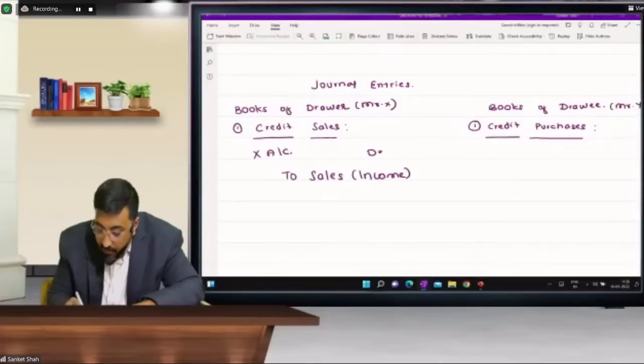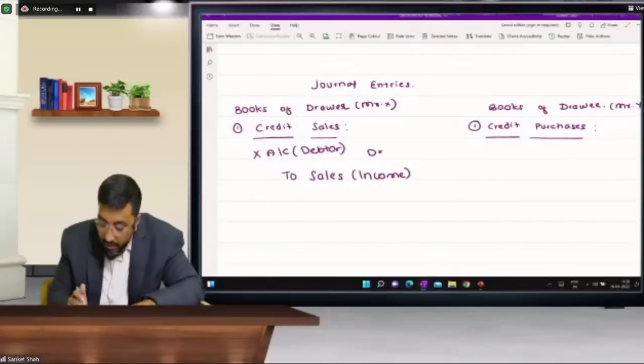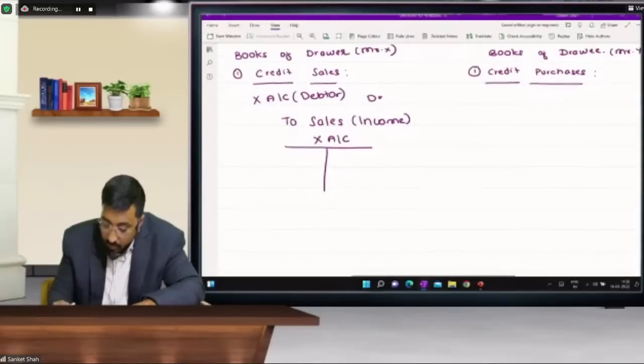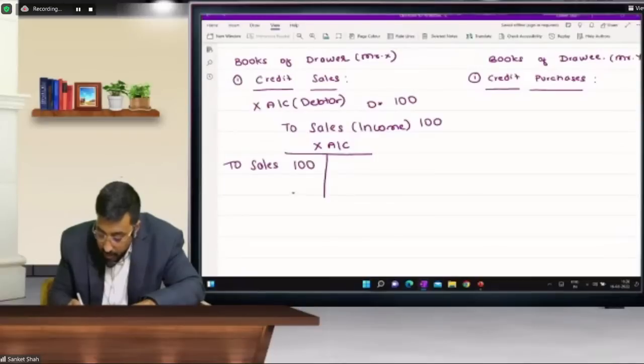Income has credit balance and X is a debtor. So X account is open. So you can check here. X account, if I open X account, I will give suppose 100 rupees. So to sales is showing 100 rupees balance. X account, if you open, X is showing.